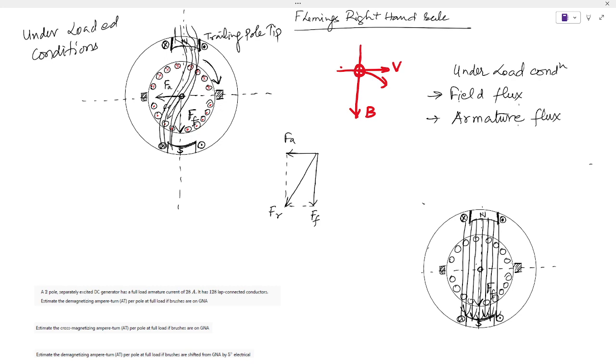This will cause concentration of flux on the trailing pole tips under generator action. If it is a motor and rotates this way, then the effect of armature reaction will be such that there is concentration of flux on the leading pole tips.